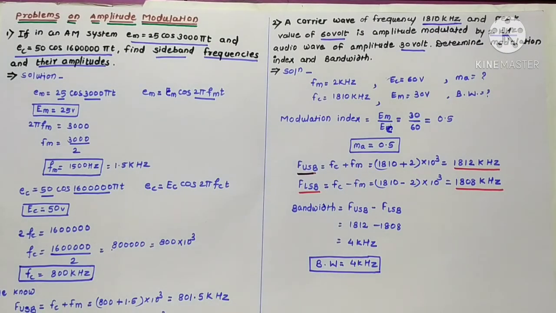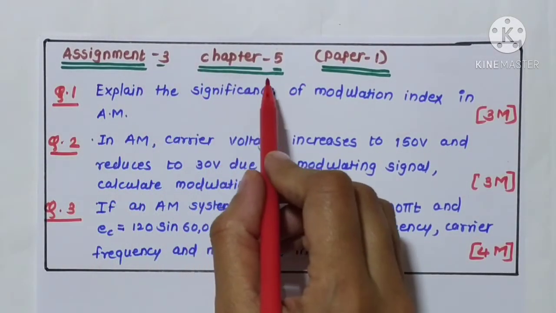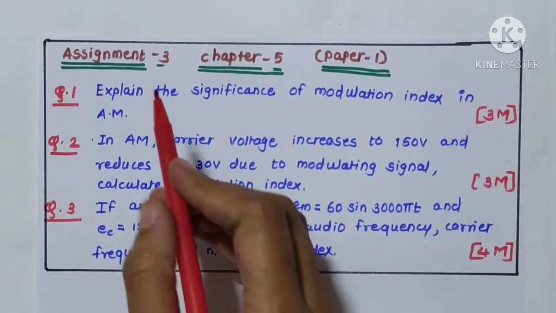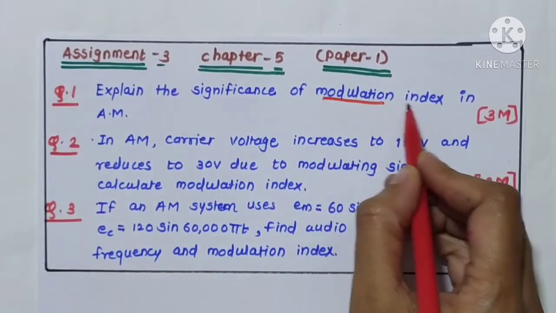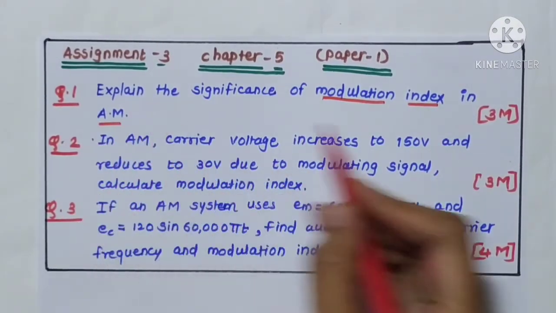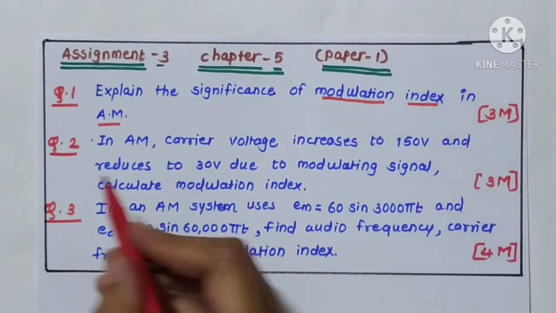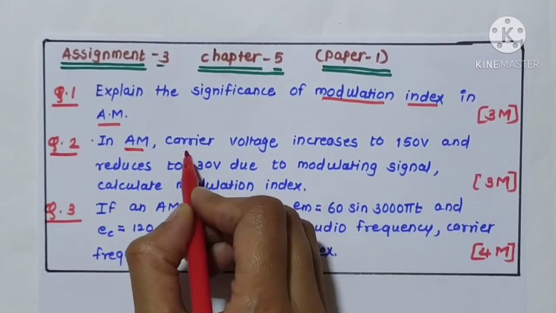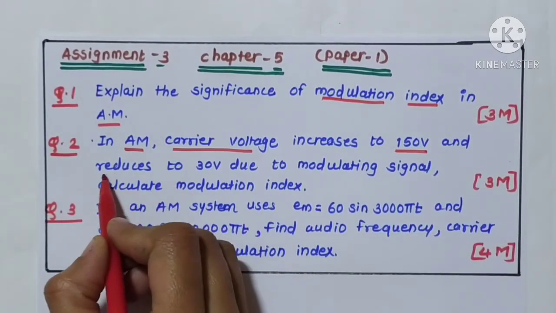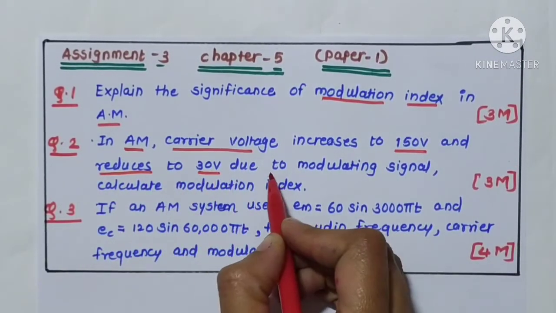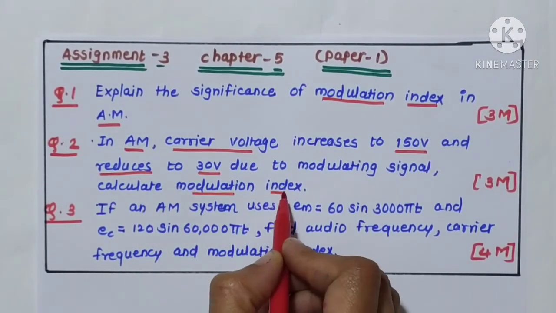Okay students? Now this is assignment number 3 for this chapter number 5, paper 1. Question first: explain the significance of modulation index in AM. This question carries 3 marks. Then question number 2: in AM, carrier voltage increases to 150 volt and reduces to 30 volt due to the modulating signal. Calculate modulation index.